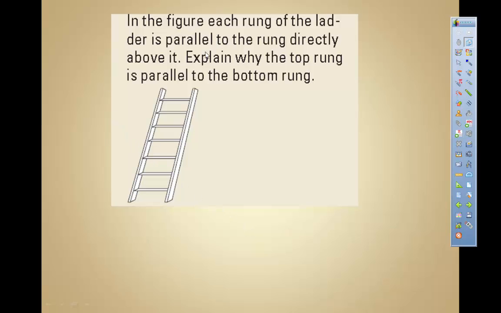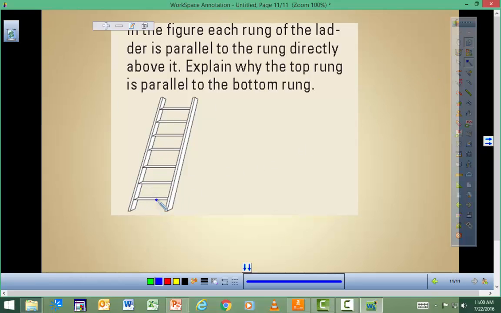So in the figure, each rung of a ladder is parallel to the rung directly above it. So this one is parallel to that one, and that one's parallel to that one, and this one's parallel to that one. So what can we say about the top rung? We can say the top rung is parallel to this one also, by the transitivity property that we just looked at on the previous slide.